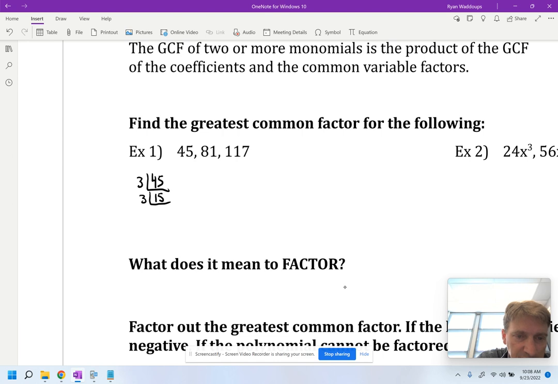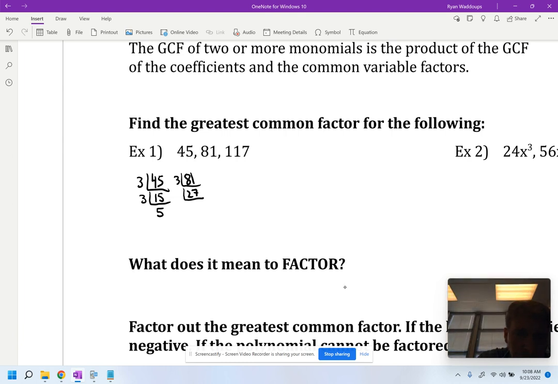And 3 goes into 15 5 times. And then we'll do that same thing with 81. And 3 goes into 81 27 times. 3 goes into 27 9 times. And 3 goes into 9 3 times. So there's 4 threes, or 3 times 3 times 3 times 3.